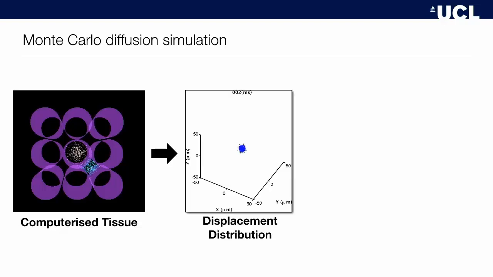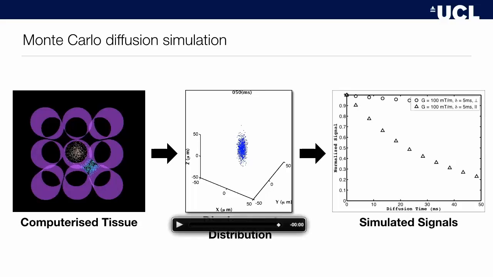What we measure is not the position, but the relative position, the position of each particle relative to its starting point, or displacement. So you derive from the simulation the displacement distribution, and that allows you to prescribe a set of diffusion sequences, as everyone explained, that creates the simulated signal we're interested in. That's a signal you can use with your model-based tools to estimate, for example, the size or density of the axons, and you compare with your computerized tissue to see whether they actually match. So that's how it works. And there are a few key challenges in doing so.